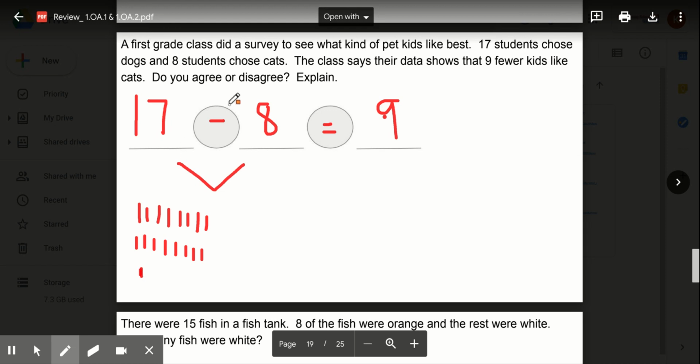So I'm going to take 8 away because it's saying that 9 fewer kids like cats. 1, 2, 3, 4, 5, 6, 7, 8. Did we get 9? 1, 2, 3, 4, 5, 6, 7, 8, 9. Yes, we did. So I agree with this, that 9 fewer kids like cats.